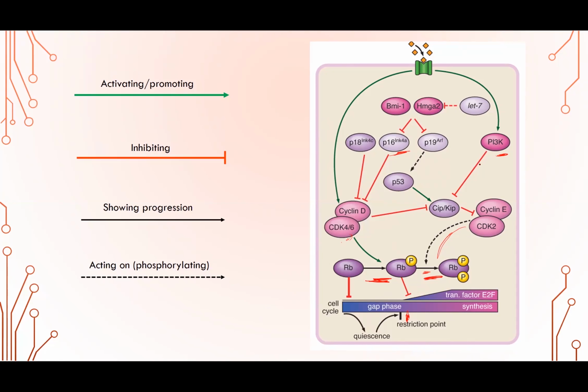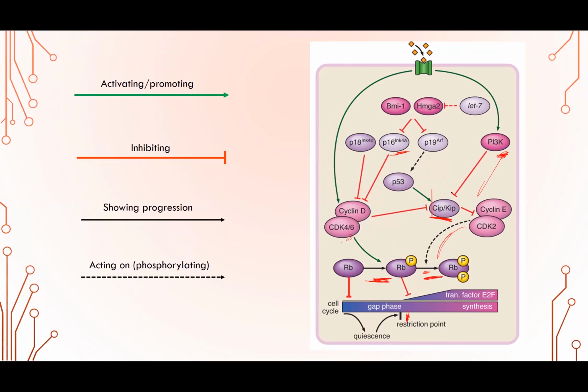So this one is inhibiting the tumor suppressor because its job is to promote the cell cycle. That's why it's inhibiting the purple gene, which prevents the cells from going through the cell cycle. So it's doing its job, it's promoting the cell cycle. So this is what all these arrows mean.